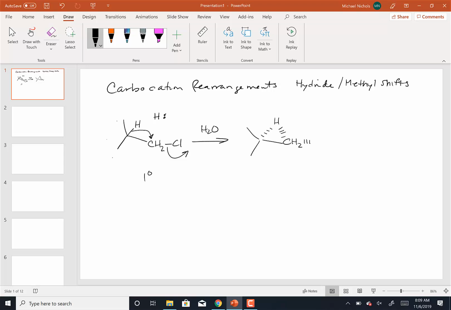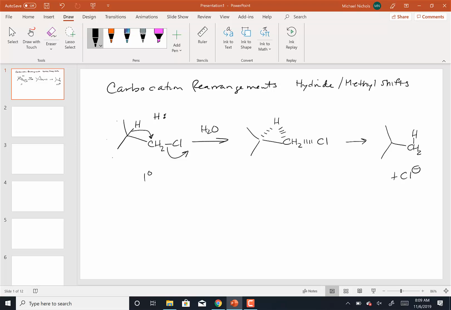And then it would have the chloride leaving. So we're doing the same thing we had done before, which is partial bonds to the bonds that are being made and broken. In the end, we'll come back and do charges. In the end, what's going to happen is the hydrogen moved to bond to that CH2, and the chloride left as a leaving group.